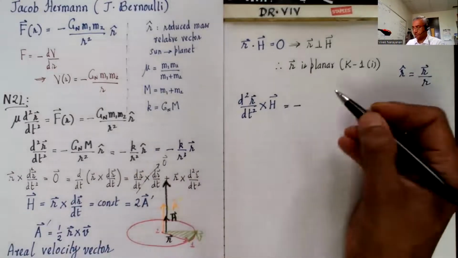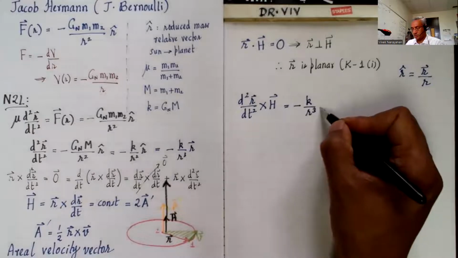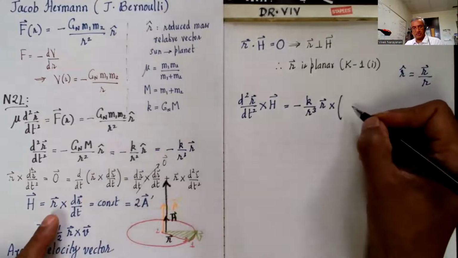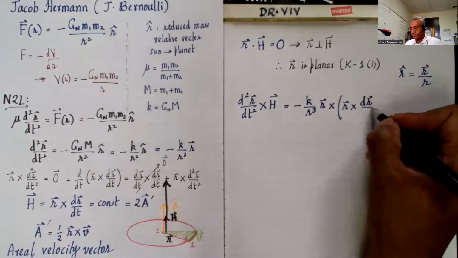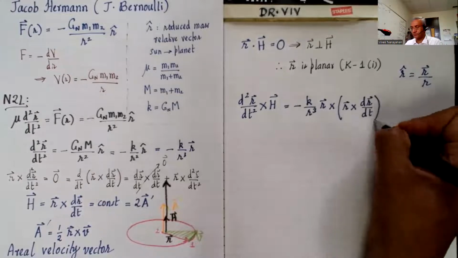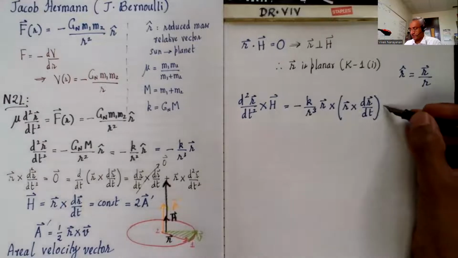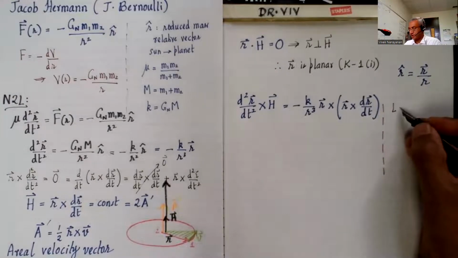So that's going to be negative k over r cubed r vector cross the Hermann, which is r cross dr by dt. Now that's a triple cross product. Immediately your alarm bell should go off because you have a very famous identity known as the Lagrange triple cross product identity.